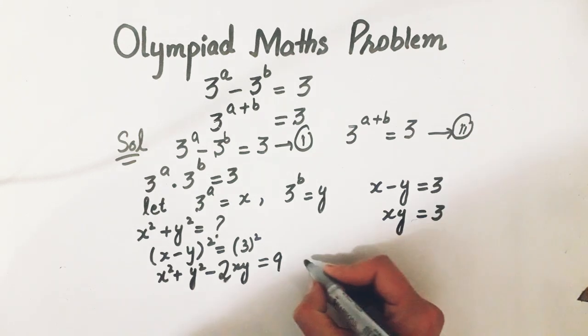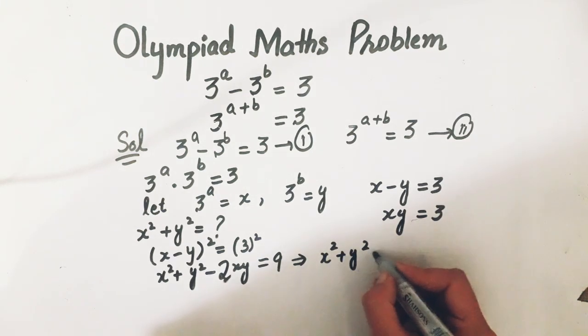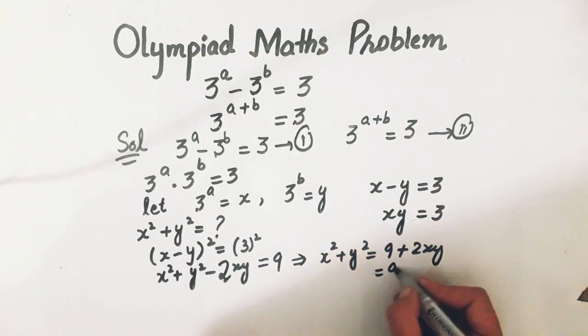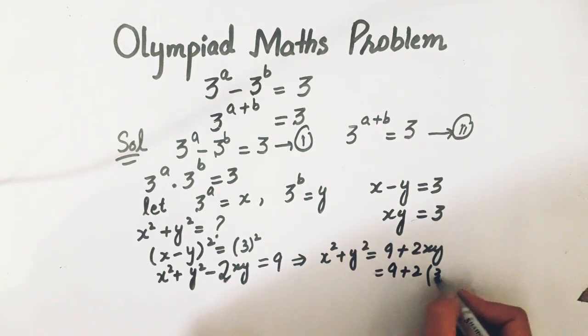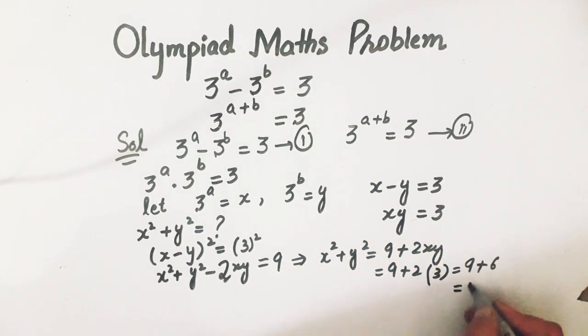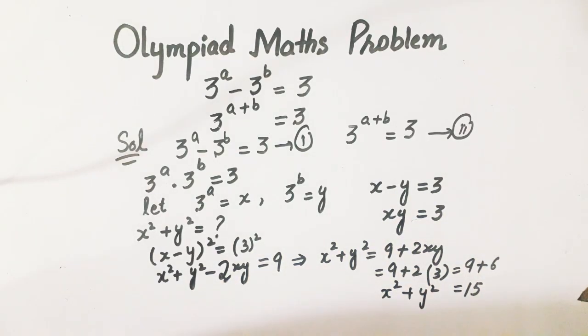So you get x square plus y square equals 9 plus 2xy. Substitute the value: xy is 3, so 9 plus 6 will be 15. So you got the value of x square plus y square equals 15.